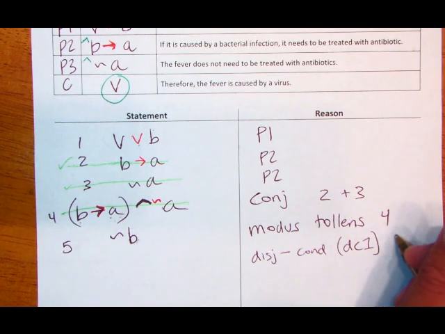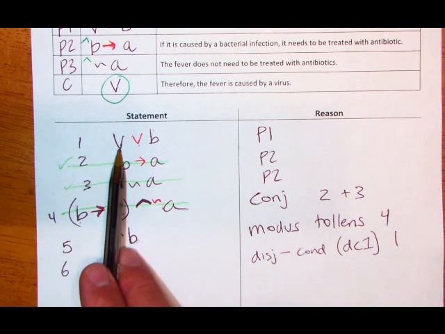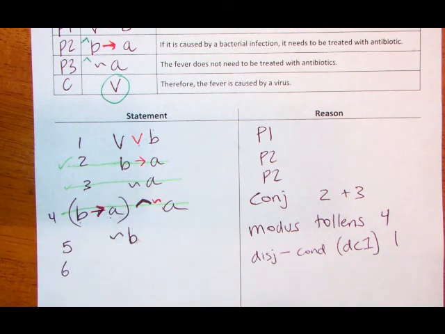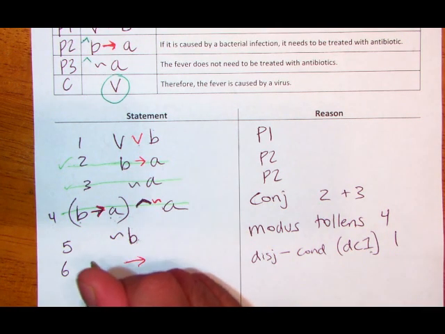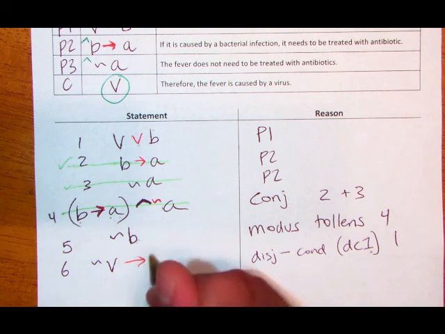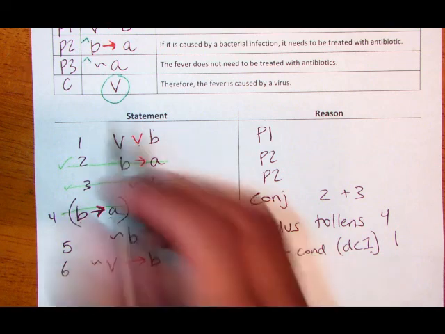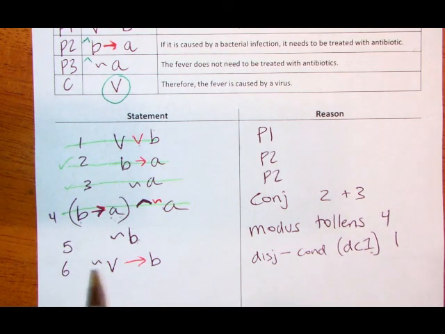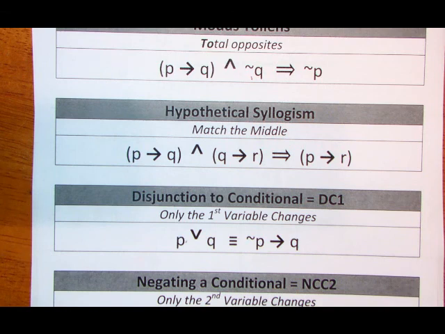So step 6, we take this. The disjunction becomes a conditional. We know the first variable is affected, so V becomes not V, and B stays the same. So we've used number 1, and we've changed it into what you see here for number 6, using our rule, disjunction to conditional, where only the first variable changes.